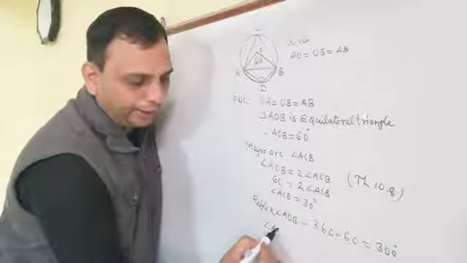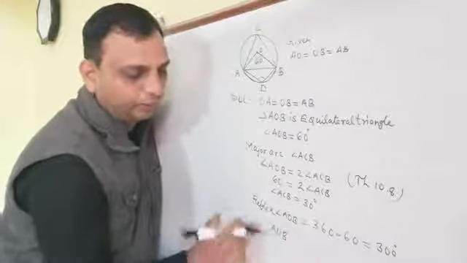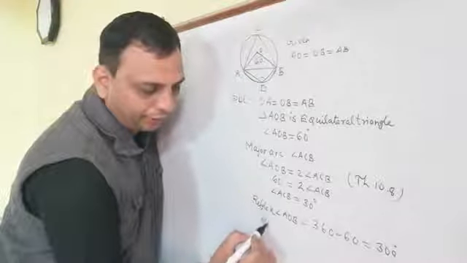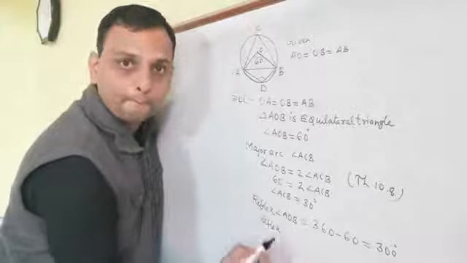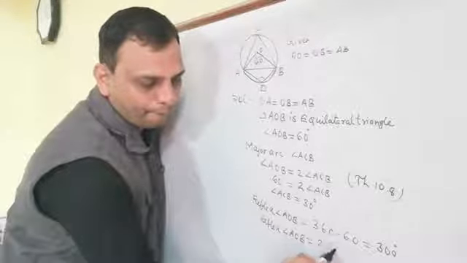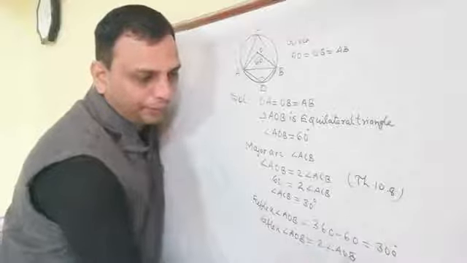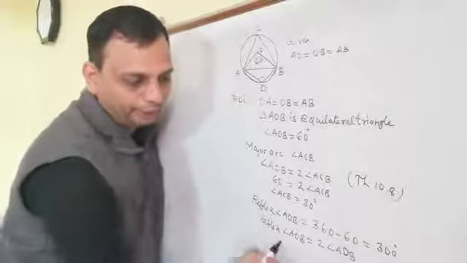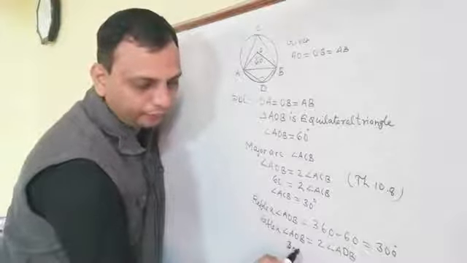Now angle ADB, this is the minor arc angle. Reflex angle AOB is 2 times angle ADB. This angle is how much? 300.